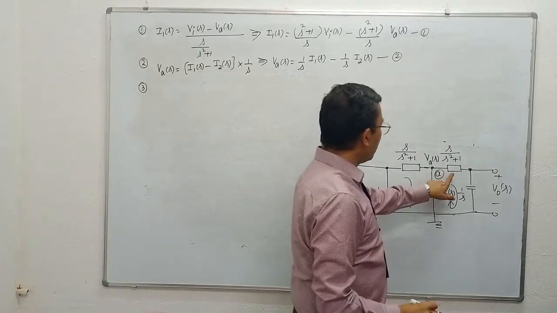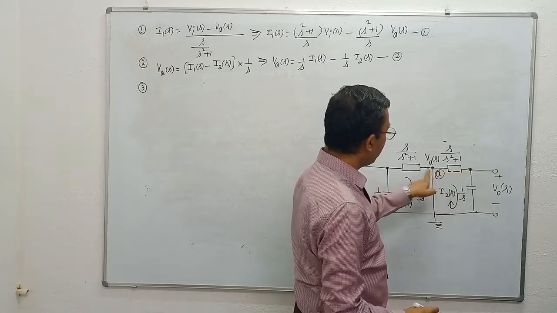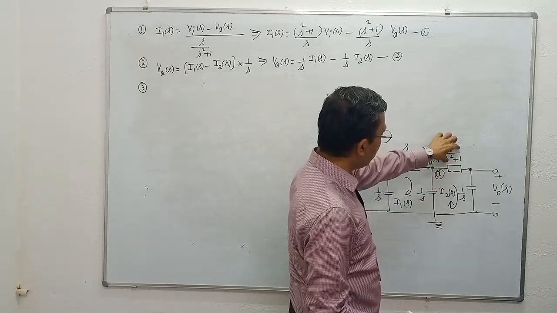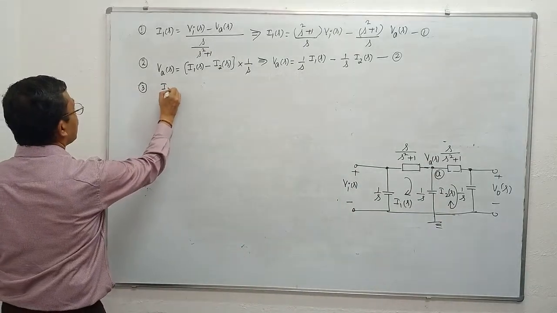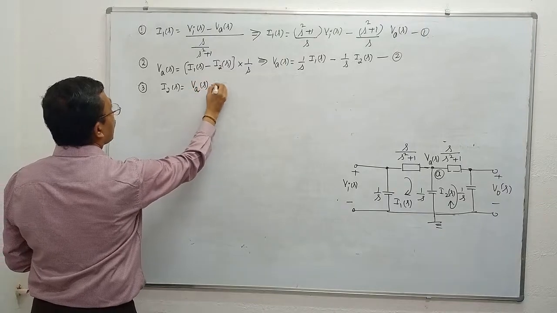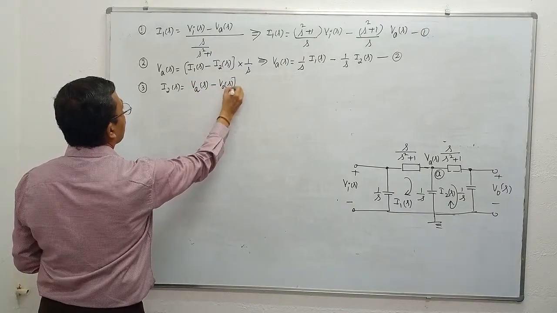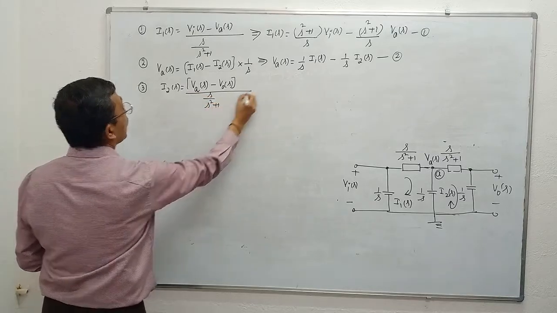What is the potential difference across this impedance? VA of S minus V0 of S. Difference in potential divided by this impedance gives you the current I2 of S. I2 of S is equal to VA of S minus V0 of S divided by S square plus 1.